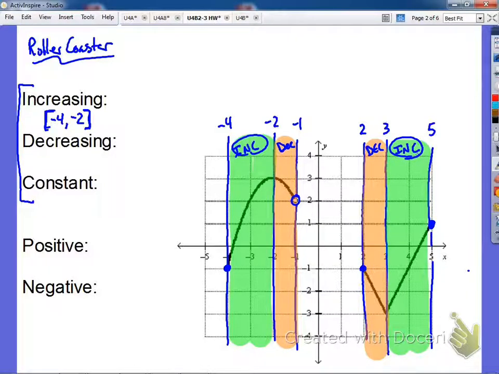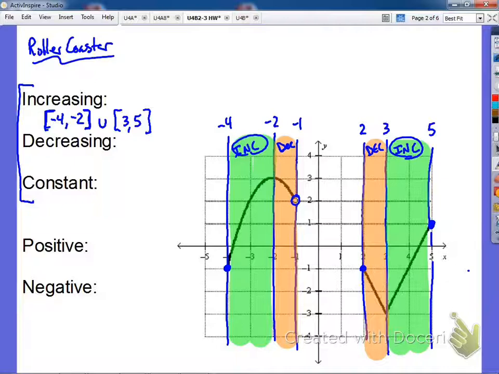So from -4 to -2, and also from 3 until 5. So you're going to union that section with the 3 to the 5. Okay? So it's increasing on those two intervals unioned together.